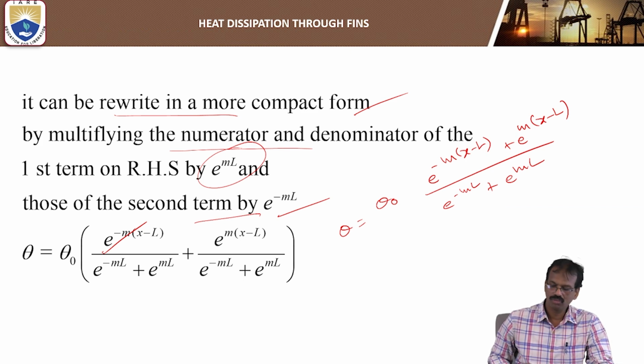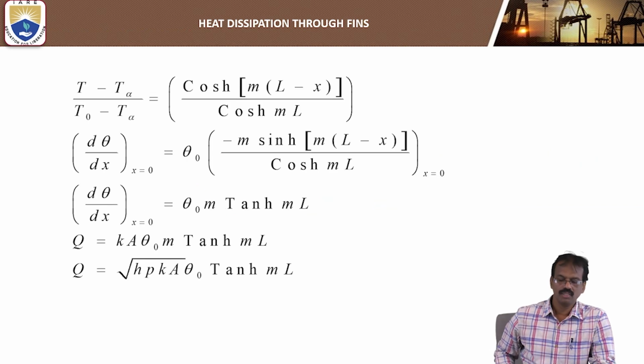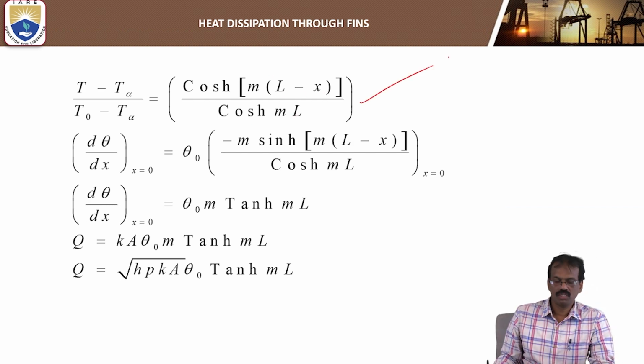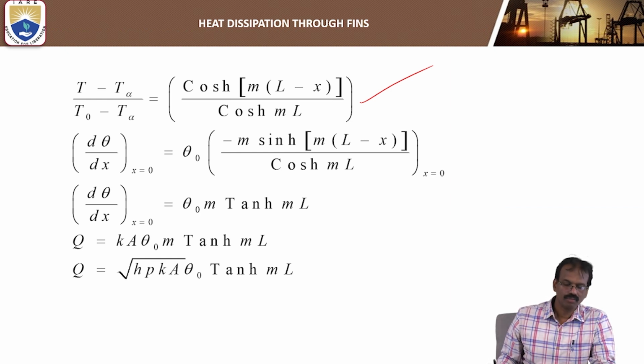So the value is equal, if you divide this by 2 and this by 2. Okay. So e power minus x plus e power x by 2, that is the cosh function: cosh of m into l minus x by cosh of ml. So those are the hyperbolic function formulas we already know. Okay. So this is the value.